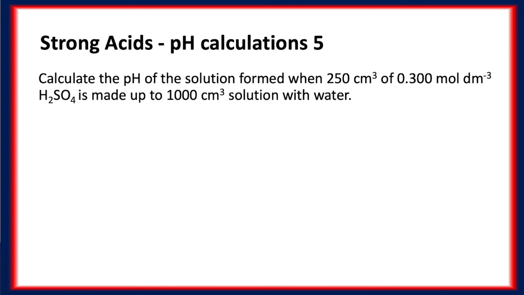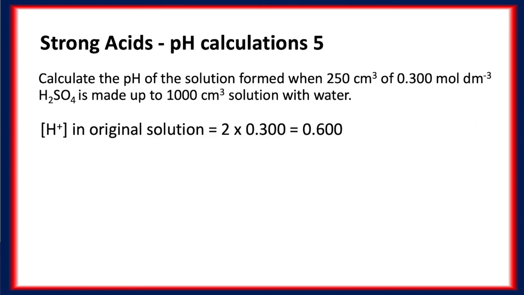And number 5, we've now got a pH of a solution formed when we've got 250 centimeters cubed of 0.3 sulfuric acid, and we're making it up to 1,000 centimeters cubed with water. Again, we find the concentration of H+ in the original solution, and we need to times our concentration of sulfuric acid by 2, because sulfuric acid is a diprotic acid.